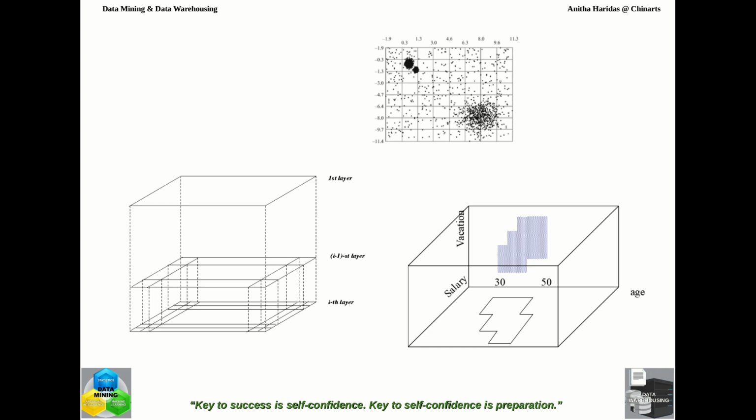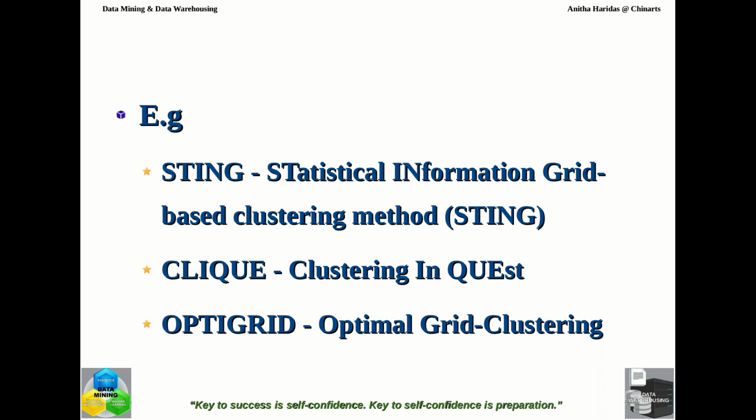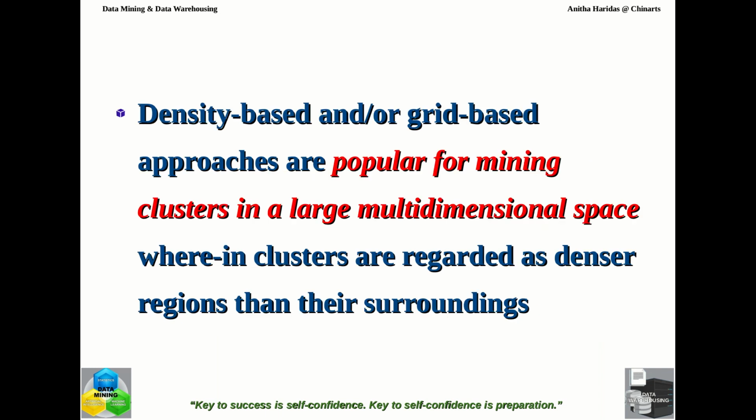Based on that, you can create a grid structure like this. And these are the popular grid based clustering algorithms: one is STING, the other is CLIQUE, the third is OptiGrid, optimal grid clustering. These are some of the grid based clustering algorithms available.